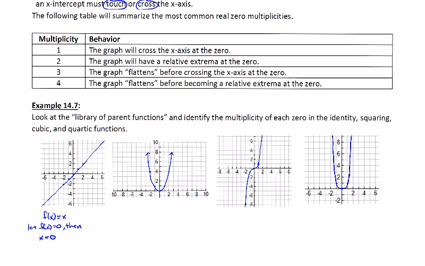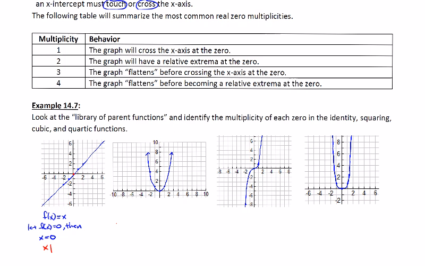And x equals 0 is going to have a multiplicity of just 1. So I'm saying times 1 for multiplicity of 1 there, just a little shorthand. So this is a perfect example for illustrating what multiplicity of 1 is supposed to look like. Look closely at the origin where your x-intercept is, and notice that you are just crossing through the x-axis, just a normal cross through. This is what a multiplicity of 1 is supposed to look like.